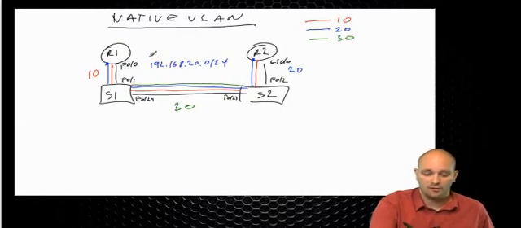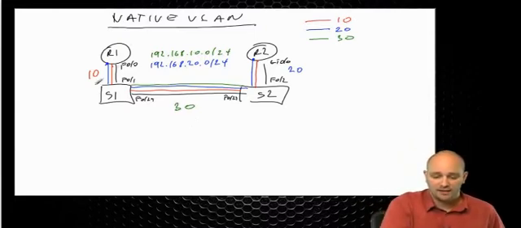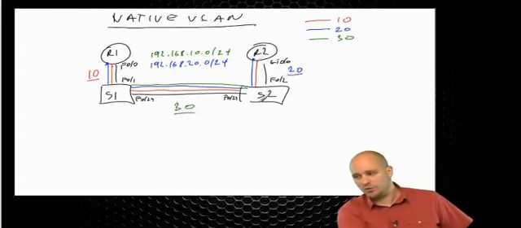And on VLAN 10, I will have 192.168.10.0/24. So basically, I'm using VLAN 10 as native here, VLAN 30 as native on the trunk between switch 1 and switch 2, and I'm using VLAN 20 as the native between R2 and switch 2.